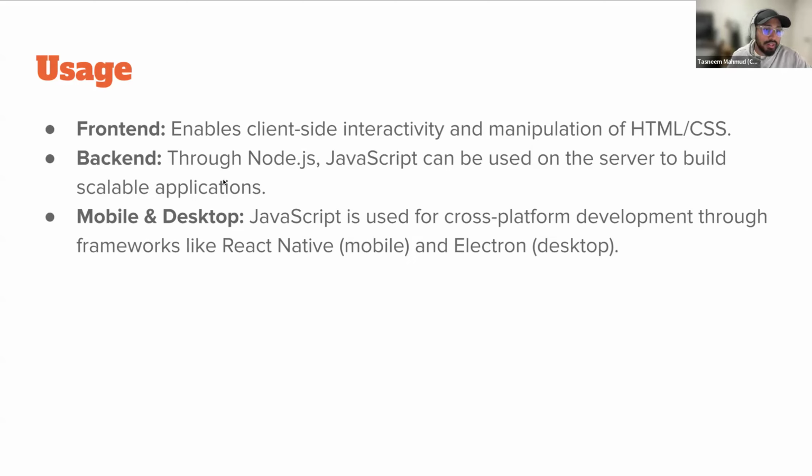Then we have mobile and desktop. JavaScript is used for cross-platform development through frameworks like React Native, and Electron for desktop. I don't know how many of you know that the Facebook and Instagram applications are actually made with React Native. And it's very powerful.